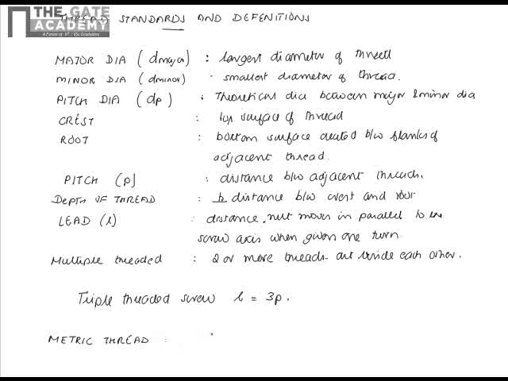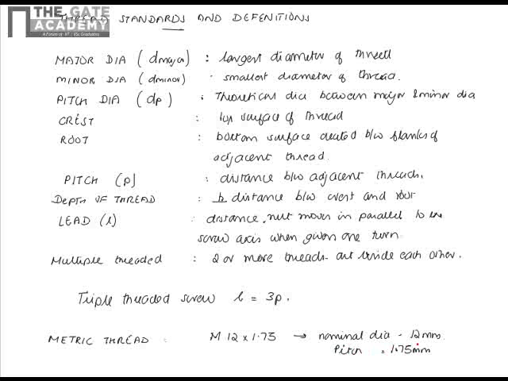For example, M12 by 1.75 means that the nominal diameter is 12 mm and the pitch of the thread is 1.75 mm, and the letter M designates it's a metric thread.